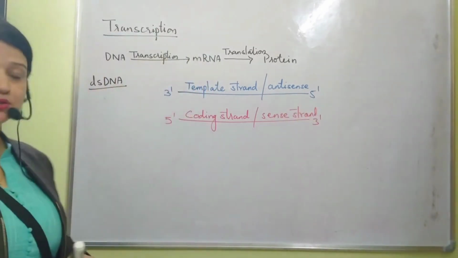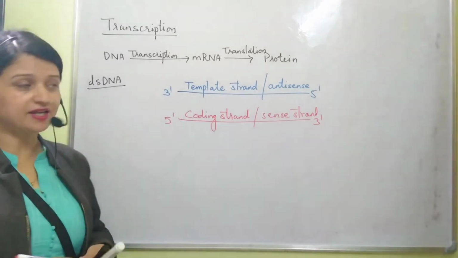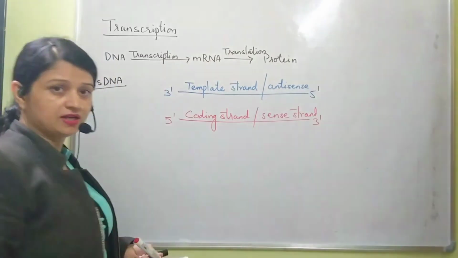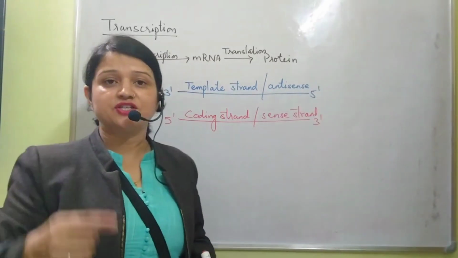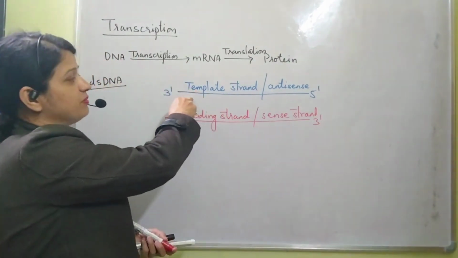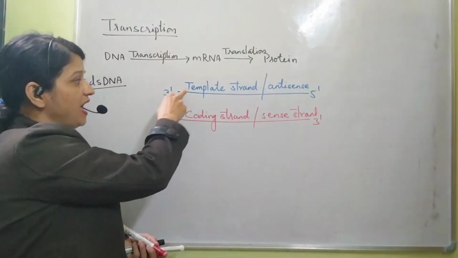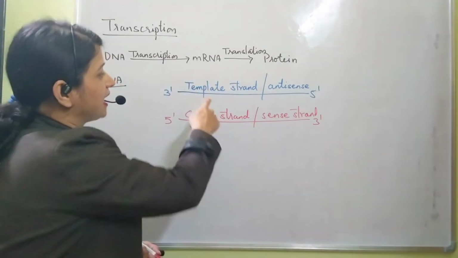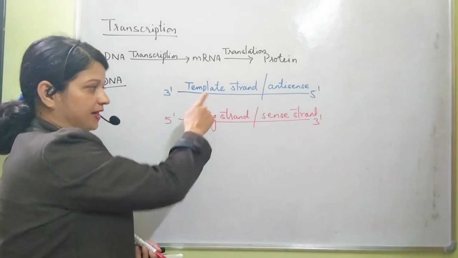So here students, you can see that in dsDNA there are two strands, template strand and coding strand. As I told you earlier, the genetic information will be copied from one of the strands, and that strand from where the genetic information is copied is the template strand.